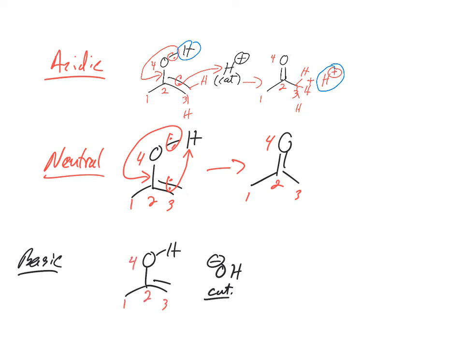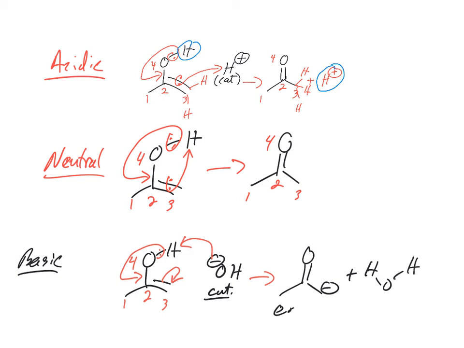But because we're in basic conditions, the first thing we're actually going to do is deprotonate. And that's going to create something called an enolate, which you should have heard about at some point. I'm sure you've seen. This is an enolate, whereas this is an enol.